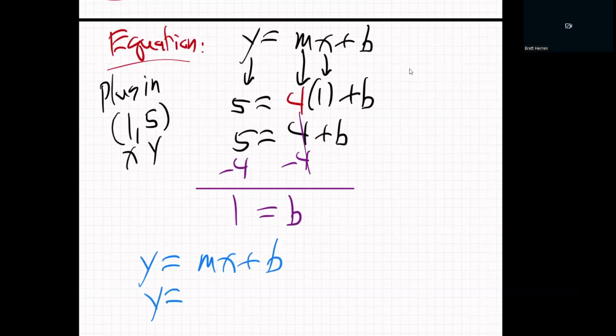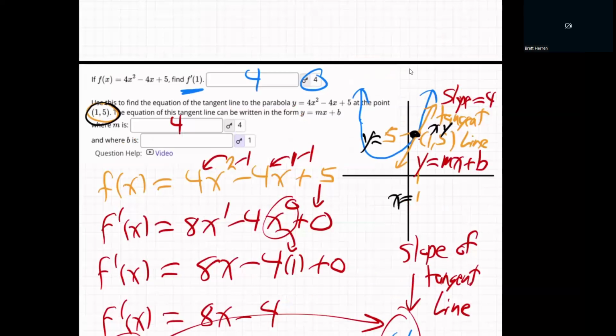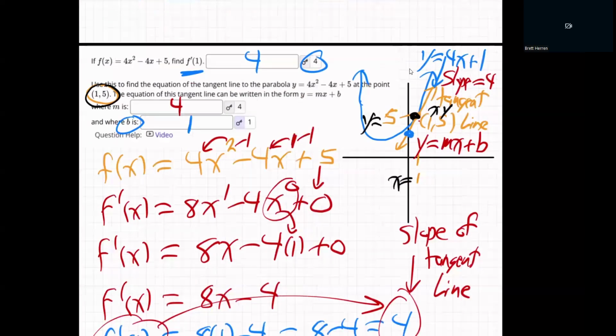We already know the m was 4, and now we know the b is 1. So there's the equation of this little orange tangent line. Y equals 4x plus 1, meaning it goes through an up 1 height and it has a slope of 4. So 1 is the b.